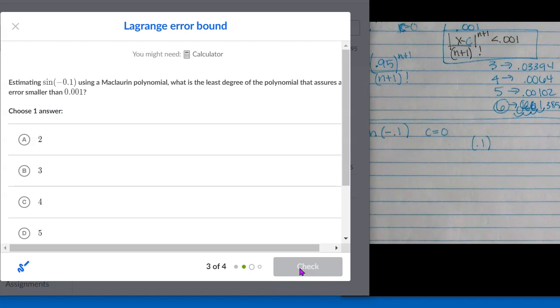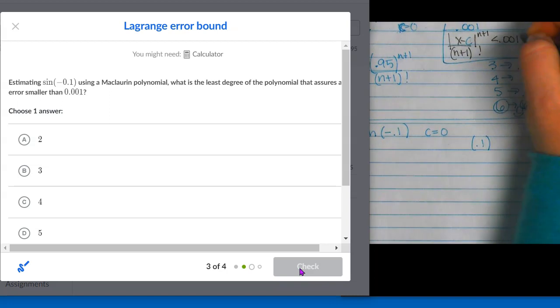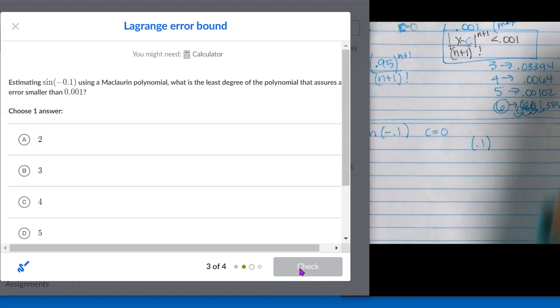Why is that? That is because the maximum error that sine can have would be 1. The sine function only goes to 1 and negative 1. So because it's a sine function, we can just plug it in. Remember how before I wrote the max part, like I would multiply it by the max value?